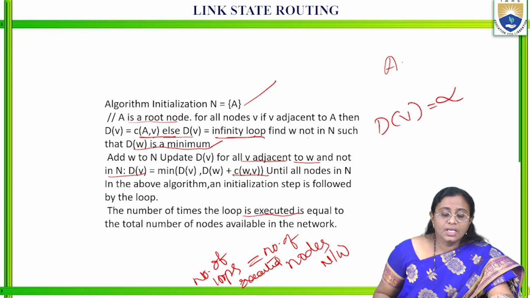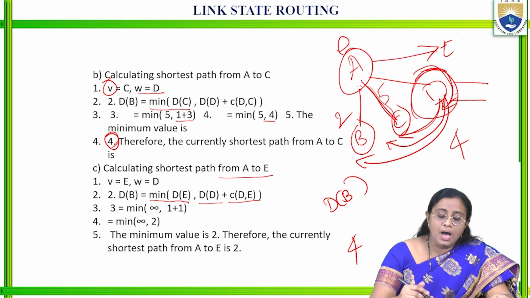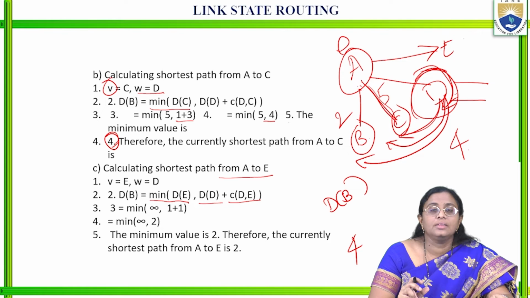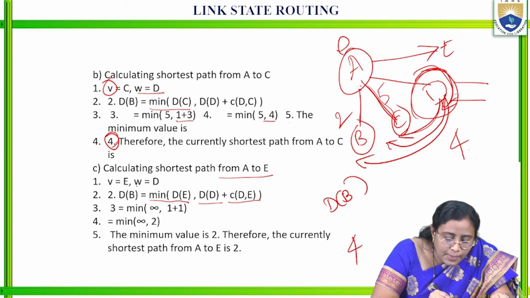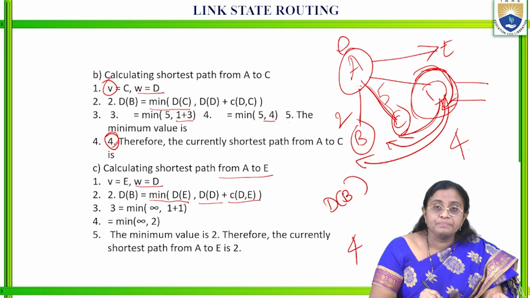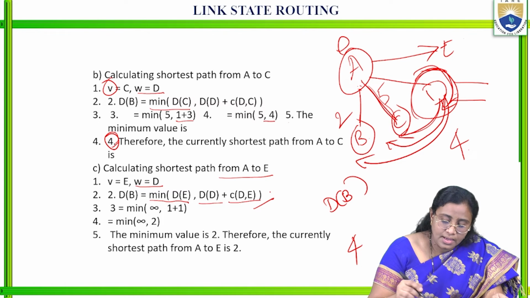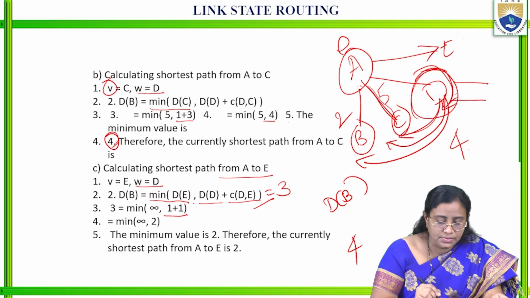So, like this, if you want to calculate the shortest path or the least cost path from A to E, V is equal to E, W is equal to D. D of B is equal to minimum of D of E, and D of D plus C of D E, which is 3: minimum of infinity and 1 plus 1.